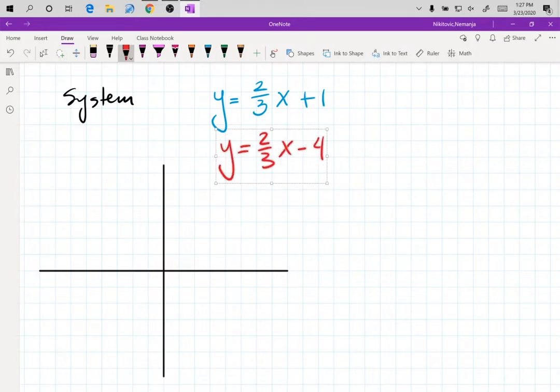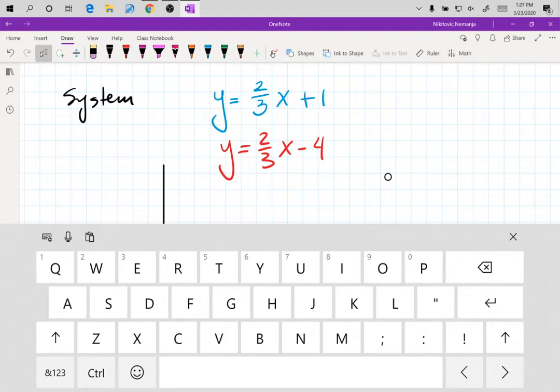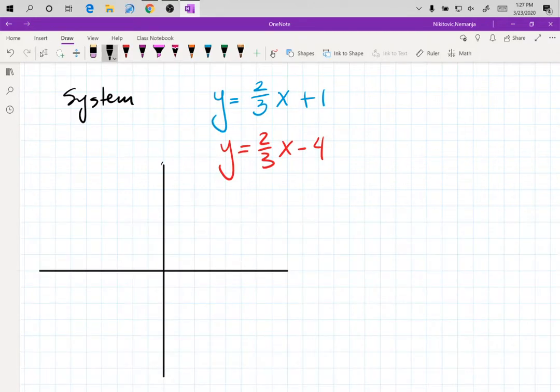So let's go with the blue equation first. This is our y, this is our x. For our blue equation, the y-intercept is 1.